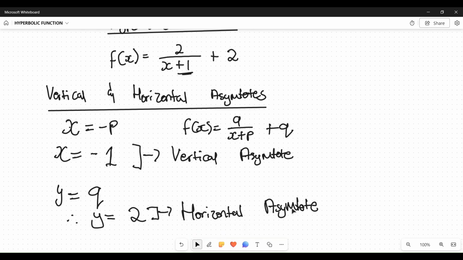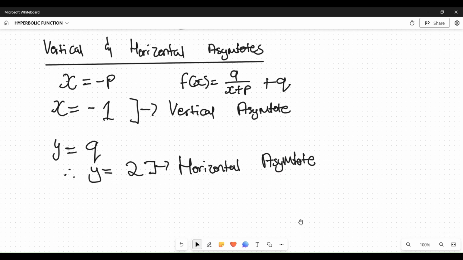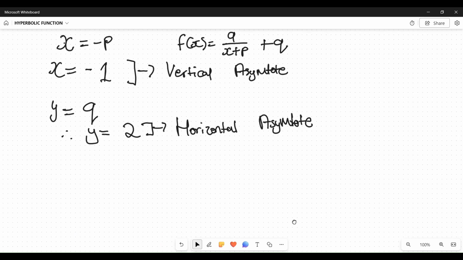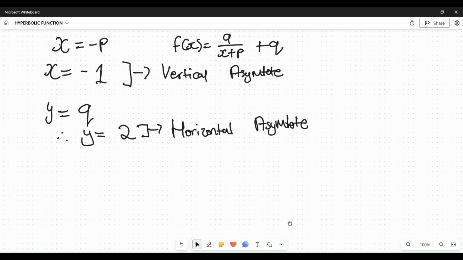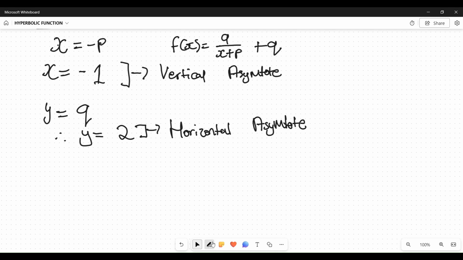Now using these asymptotes, we can determine our range and also our domain. Let's start by determining the domain for this function. Remember that the domain is the set of all x values whereby our function is defined. Earlier I said that our function f will never touch the line x equals negative 1.